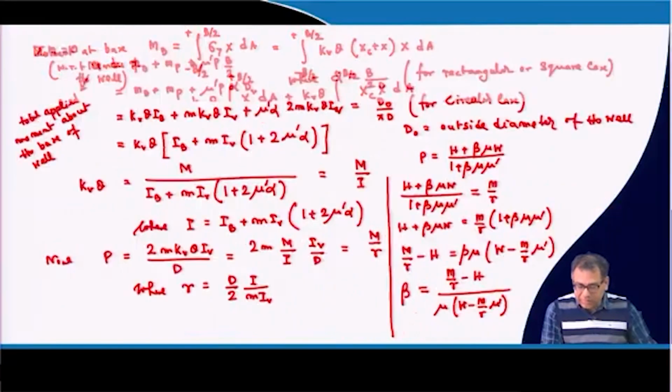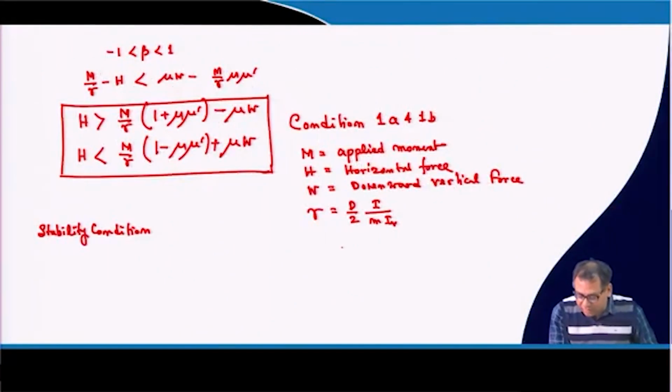So, if I draw that condition, suppose this is the original position of the well, and this is the rotated condition of the well.